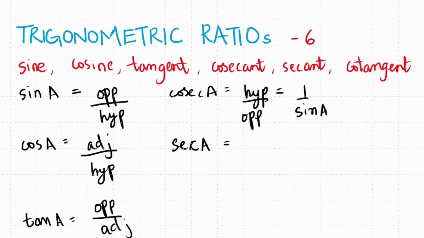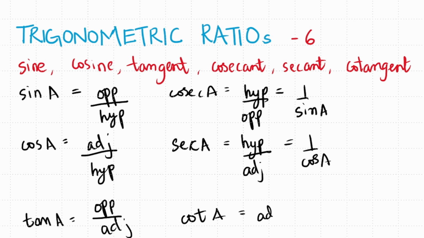We can guess, right? Sec A is hypotenuse by adjacent, that is 1 by cos A. And cotangent, we can write cot as the short form, is adjacent by opposite, which is 1 by tan A.